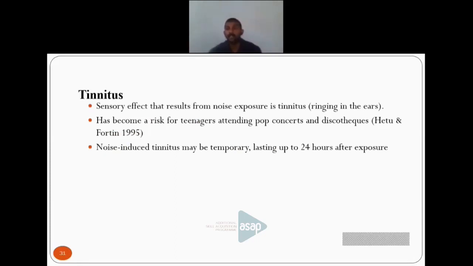Sometimes after 24 hours it may reduce, but continuous exposure to the same intensity of noise may cause permanent damage to the ear. It is found that most teenagers attending pop concerts and discos get more damage. That is a study made by KTU.